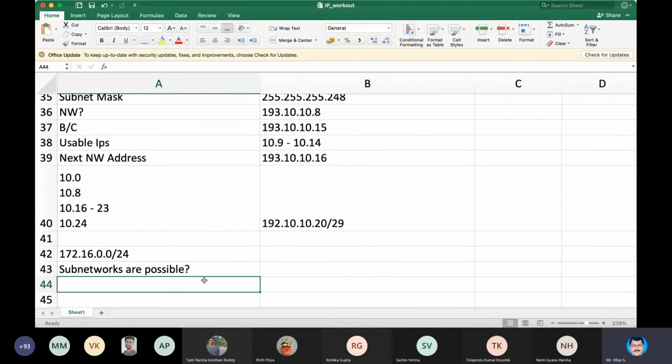What are the subnetworks possible? What are the subnetworks available in this? Now I'm asking Harshavardhan Reddy. Harshavardhan, you can unmute and tell.